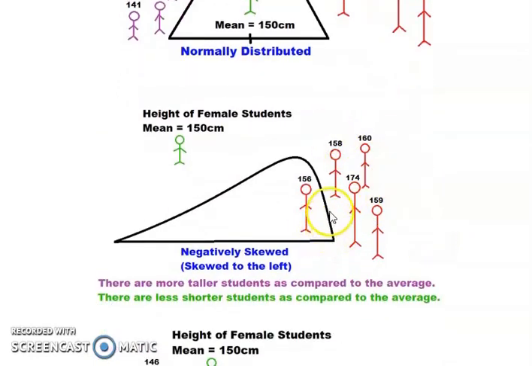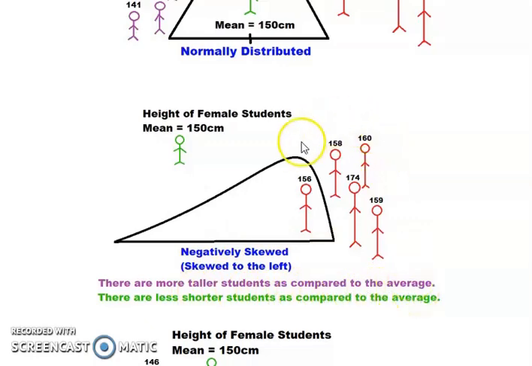So this is skewed to the left or negatively skewed. With negative skew, the longer tail falls on the left-hand side. What does it mean to be skewed to the left or negatively skewed? Here the mean height of female students just now is 150 cm. If skewed to the left, we can say that there are more taller students compared to the average height.